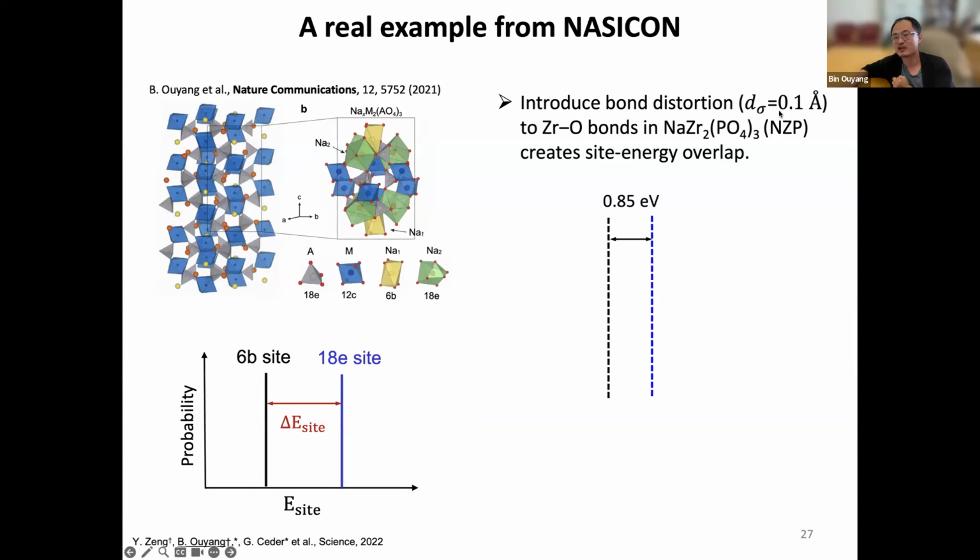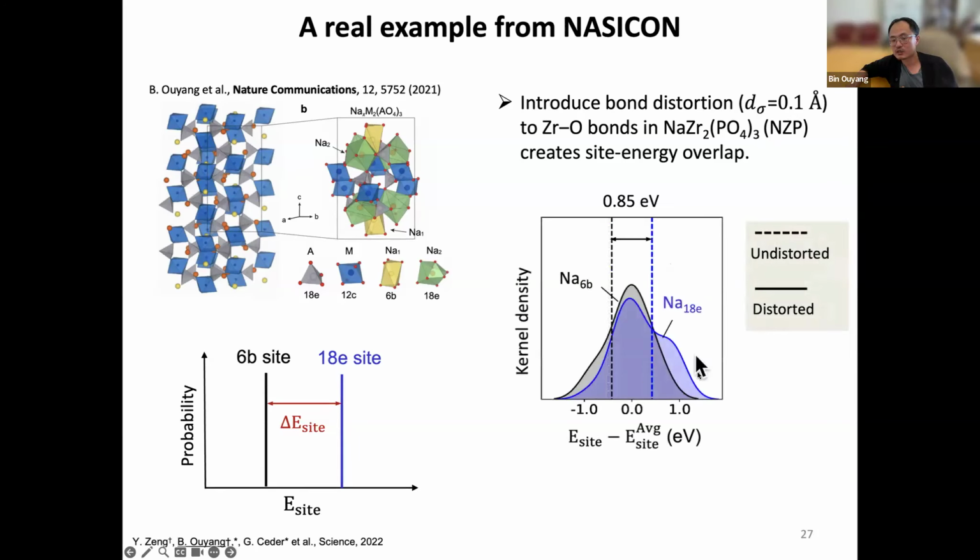We use a standard deviation of 0.1 angstrom. This is something that we can reach, because ionic radii don't differ that much in general for cation species. As a result, we introduce the bond distortion. We rerun the DFT calculations in the disordered lattices and calculate the site energy differences. And now we form a distribution. So the 6b site is going to overlap quite well with the 18e site.